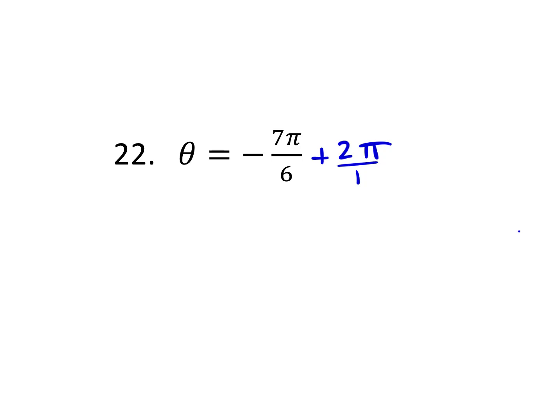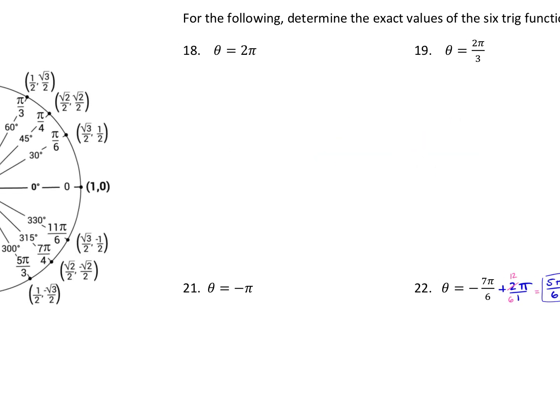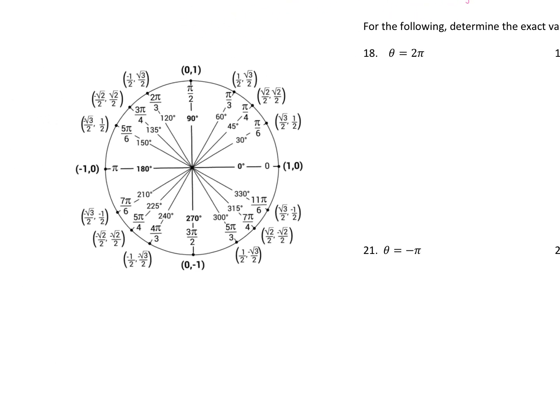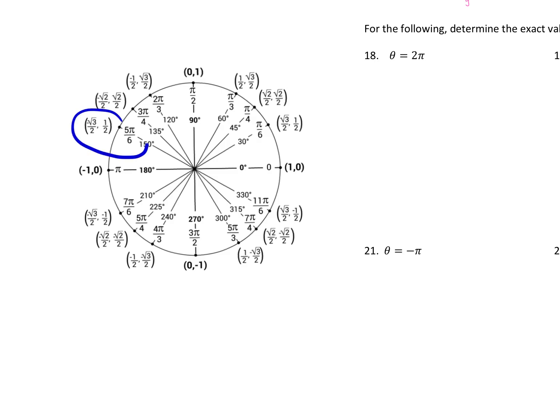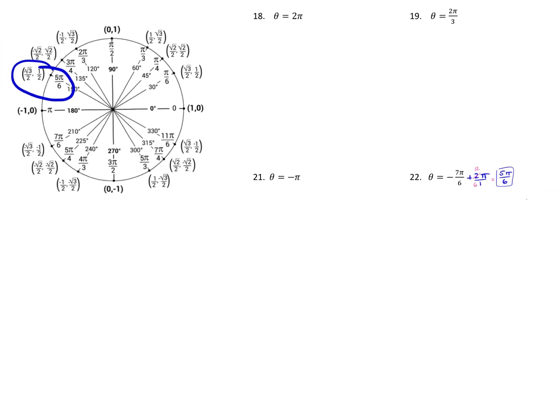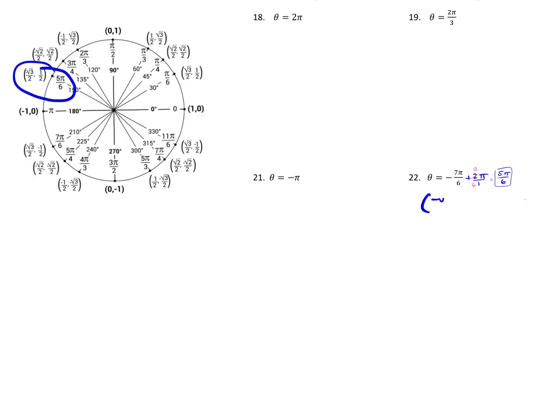So we need a common denominator. I can multiply the top and the bottom by 6, so 12 pi over 6. Negative 7 pi plus 12 pi would be what? 5 pi over 6. Now let's look at our unit circle for 5 pi over 6. So that would be here. So we're looking at the point negative square root 3 over 2 comma 1/2.